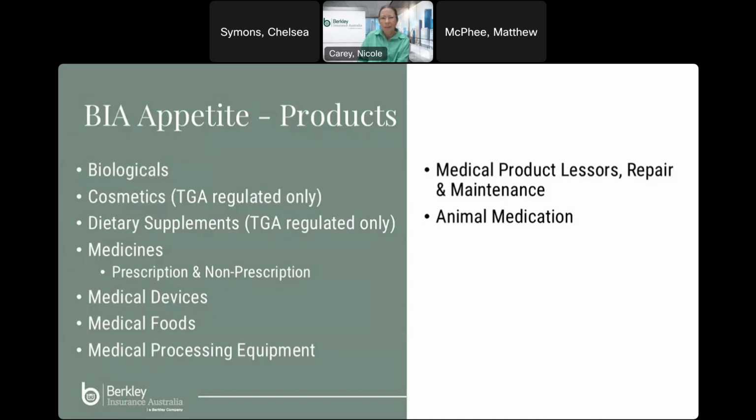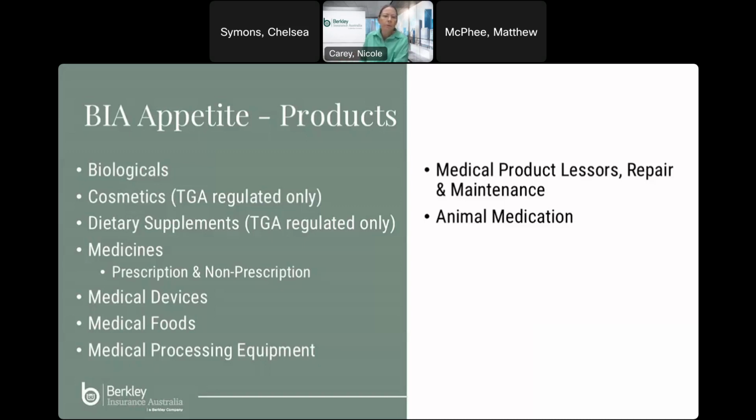So this is the only exception to our TGA rule, that we can look to include coverage for medical foods under our life sciences policy, but we're really only going to be looking at them where those medical foods have been approved and authorized by an equivalent to the TGA. So like in the US, that would be the US Food and Drug Administration. They approve medical foods under their restrictions. So we can look at medical foods, even though they're not TGA regulated, but they do have to have some sort of approval or regulation from an equivalent to the TGA, like the FDA.